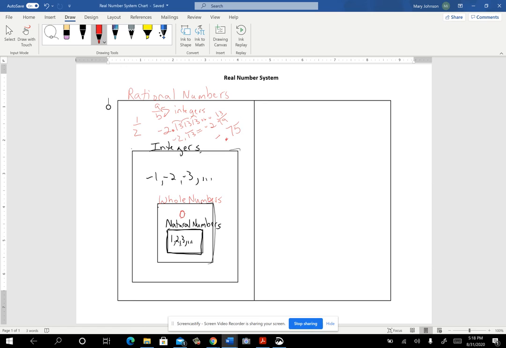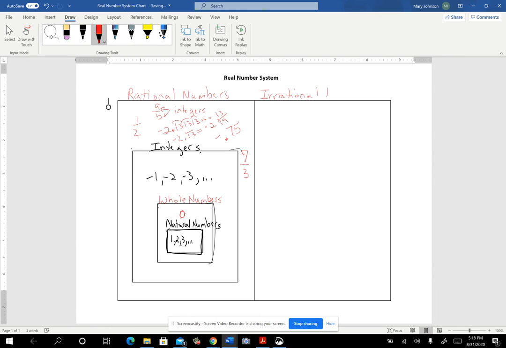Now, let me put one more fraction. So you can have fractions where maybe you have a bigger number on top. They still are rational numbers, and they would still be over there on that left-hand side. The kind of numbers that are going to be over here on the right are what we call not rational. We call them irrational numbers.